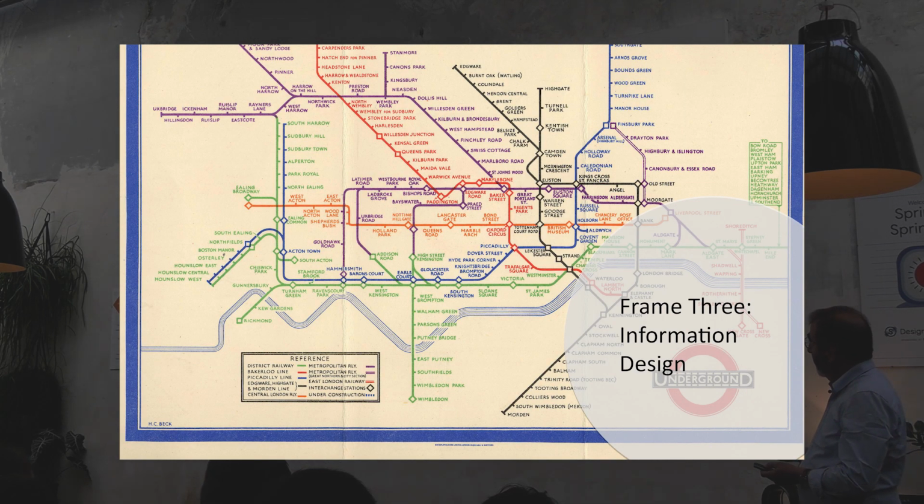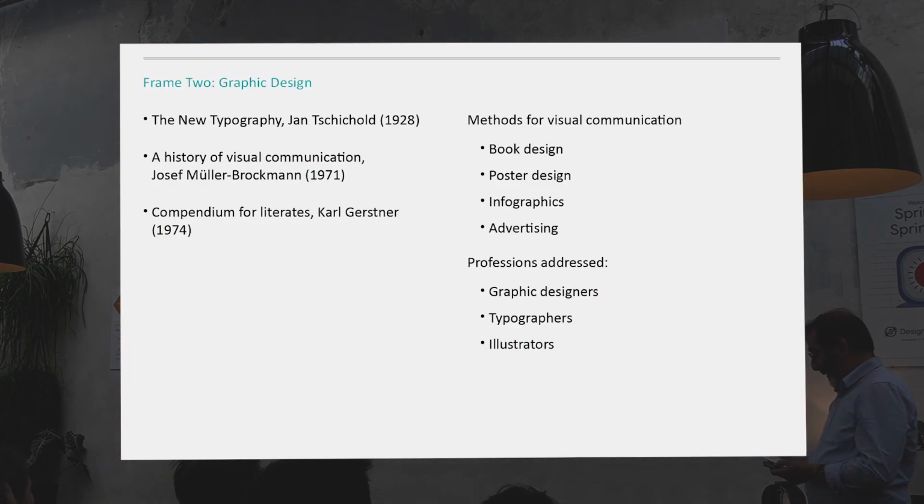A third frame is information design. And this is a history of design primarily for information transfer. In frame two, the information designer exists as a subspecialty of graphic design. In frame three, it's basically the purpose of visual communication. In frame two, success can be felt through emotional impact.